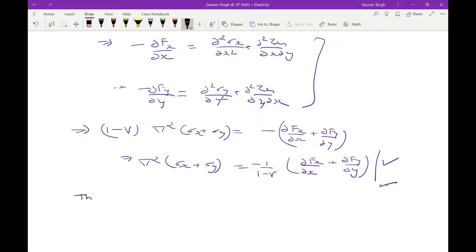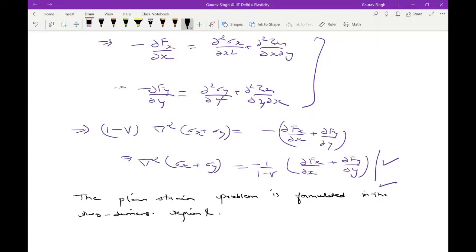Okay, so this is your Beltrami-Mitchell compatibility equation, and what you can see is that the plane strain problem is formulated in the two-dimensional region R. There's a boundary.